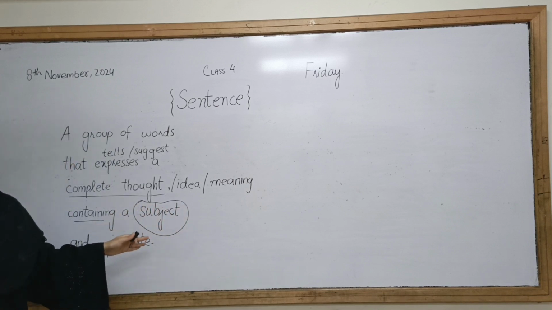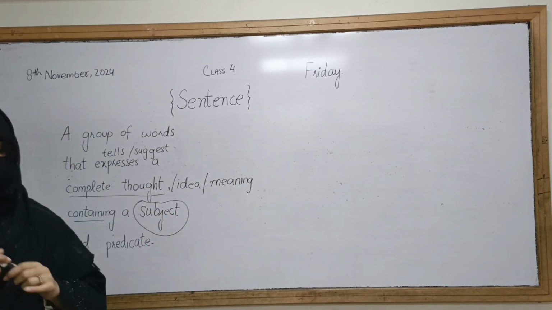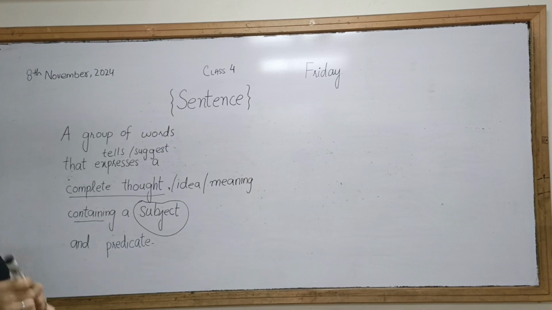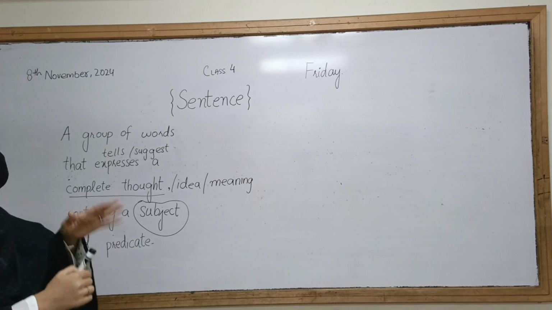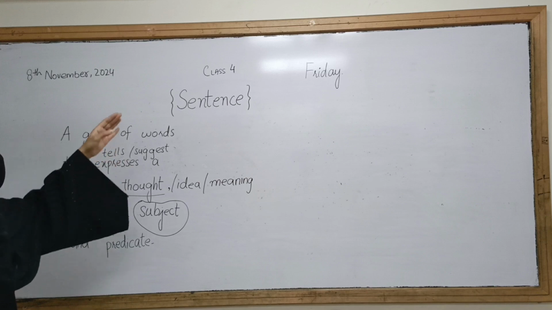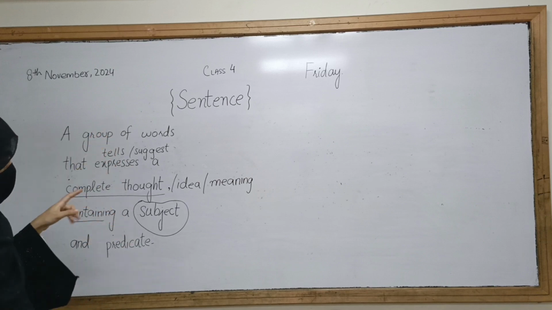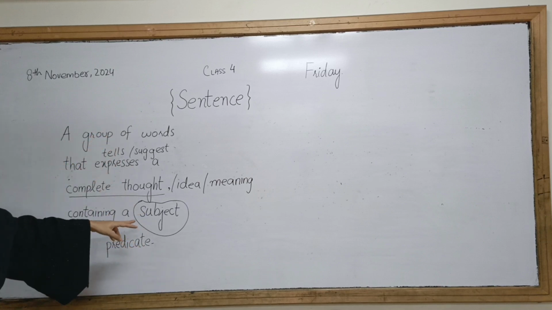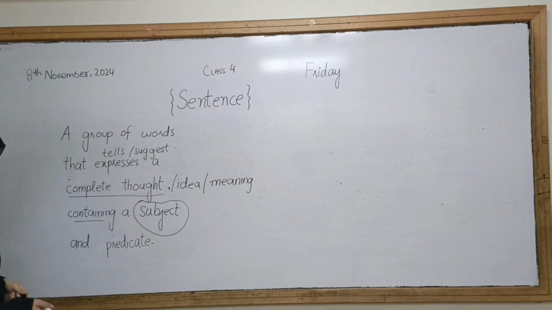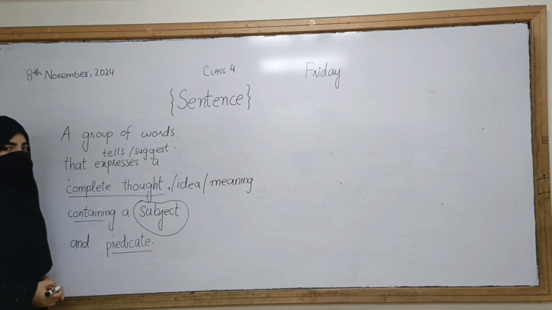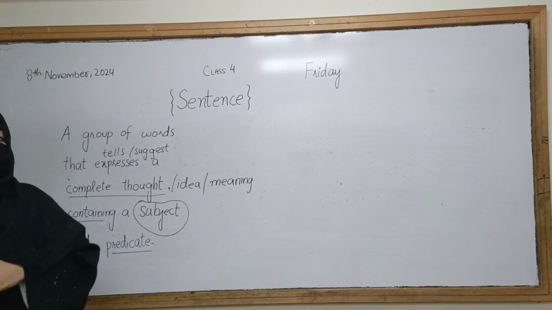A subject means the person who is working, the person who is talking, the person who is looking, the person who is thinking. Anything associated with a person, a thing or a place will be your subject, and the sentence also contains a predicate.